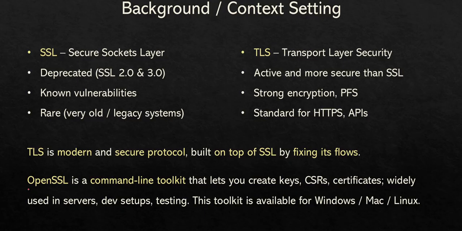We have OpenSSL, which is a command line toolkit that lets you create keys, CSRs (certificate signing requests), and certificates, and it is widely used in servers, dev setups, testing, etc. This toolkit is available for Windows, Mac, and Linux as well.